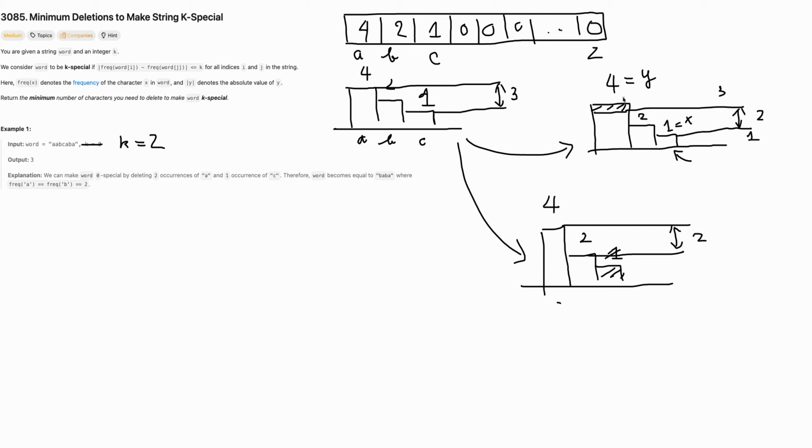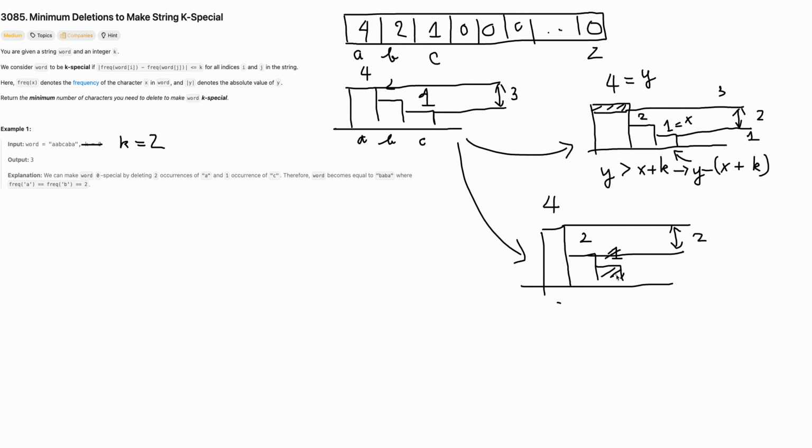Okay, so in here, how many occurrences do we need to delete in this case? We can observe that because y is greater than x plus k, it requires us to delete y minus (x plus k) occurrences. Okay, that is the first one.